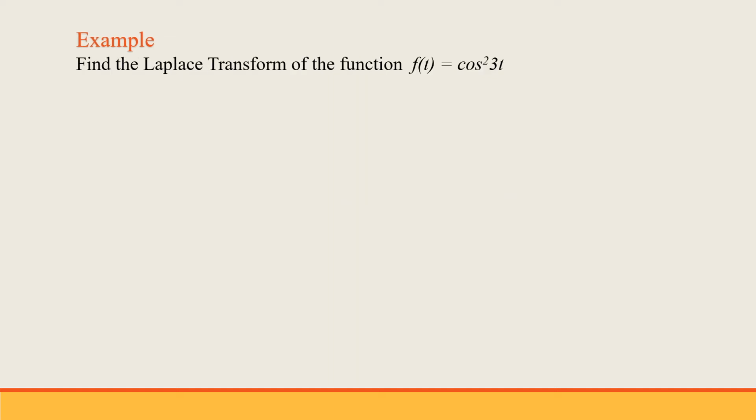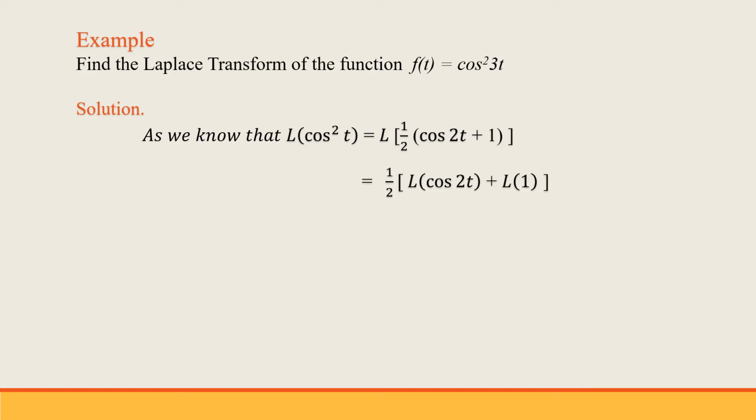So let's take the next example. Find the Laplace transform of the function f(t) equal to cos square 3t. So the solution is, as we know that cos square t is equal to 1/2 into (cos 2t plus 1). If you remember, we have earlier found the Laplace transform of cos square t. Once again see how we have done it.